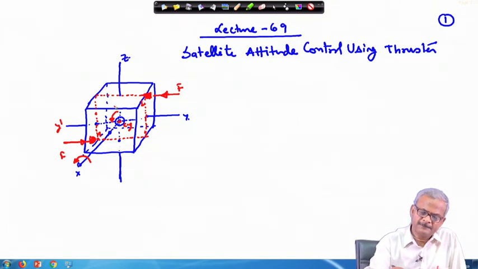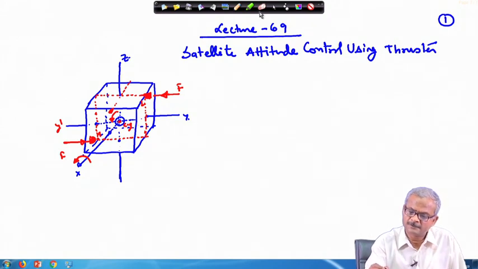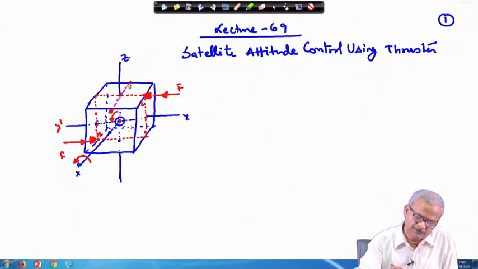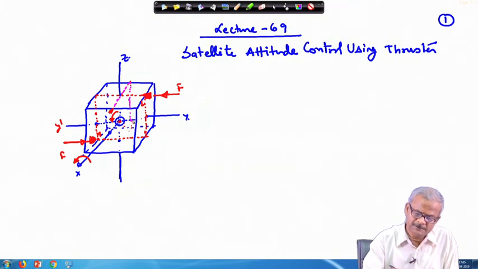Similarly, if we have thrusters over this axis, one is located here and another we have to locate on the bottom side, which I cannot show here, so let me rub out this CG. Another thruster I can locate just below this, here in this place.